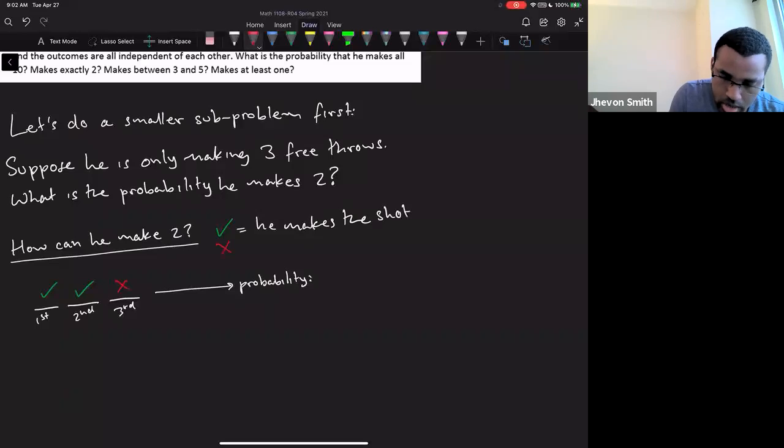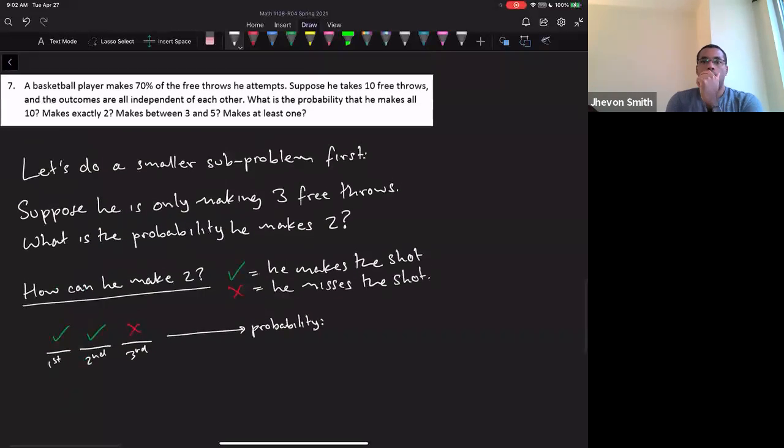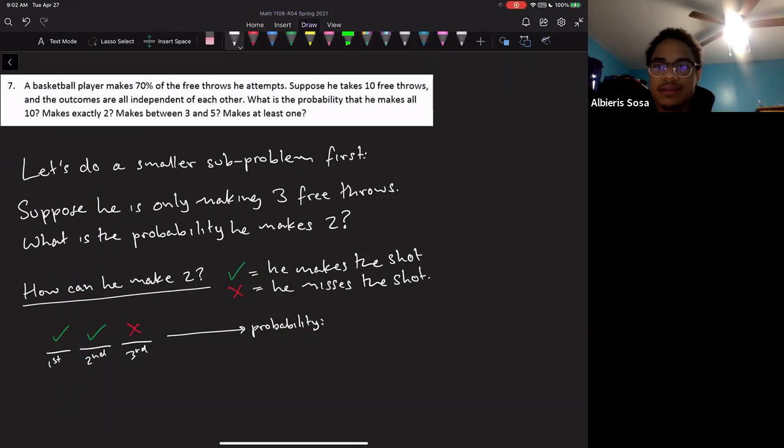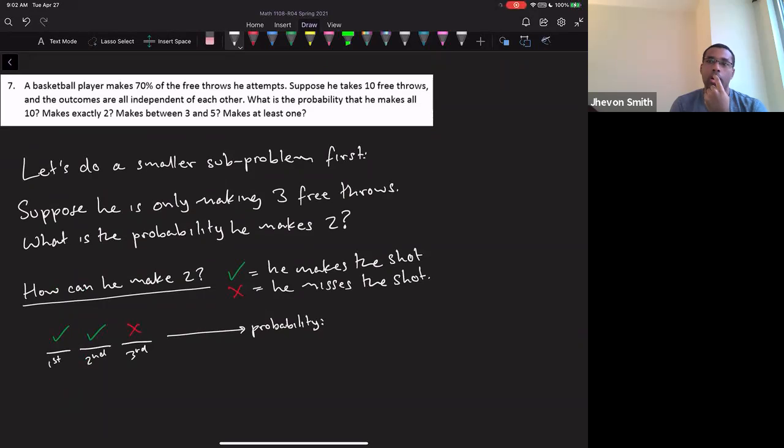And the X means he misses the shot. What is the probability of him making the shot is what I'm asking. Wouldn't it be 70%? It'd be 0.7. Okay, so he makes the first one, he makes the second one, he misses the third one. And these are all independent events. What is the probability of this scenario occurring?